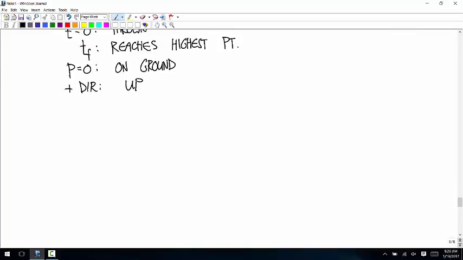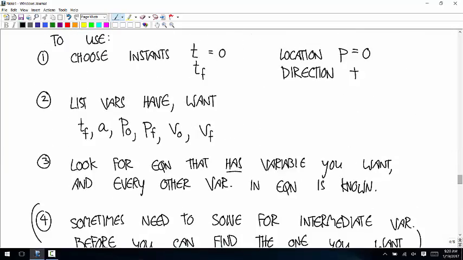And now based on those choices, we can think about these variables. How many variables was that? 1, 2, 3, 4, 5, 6 total variables.